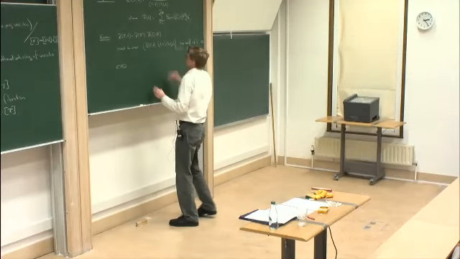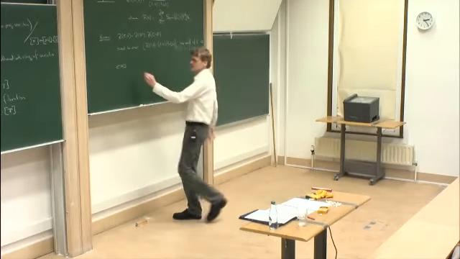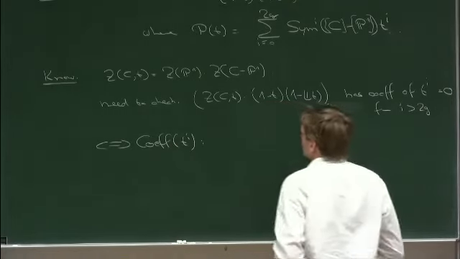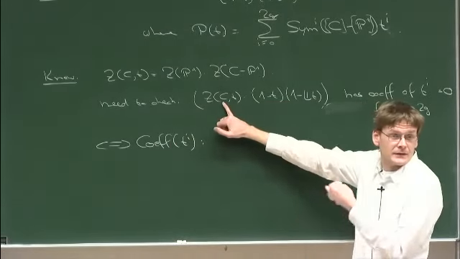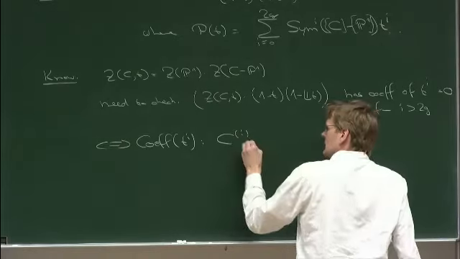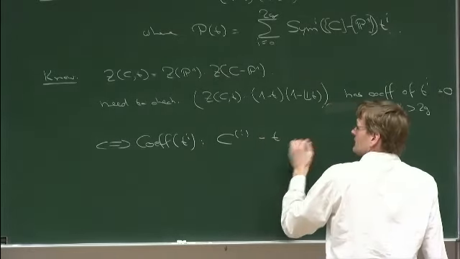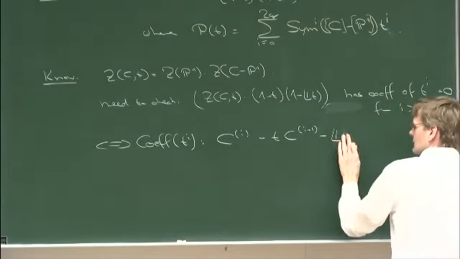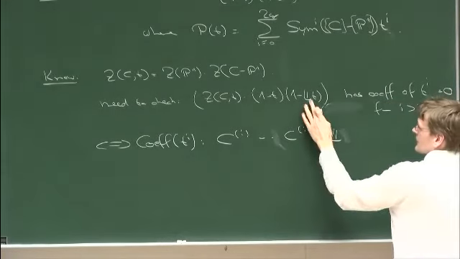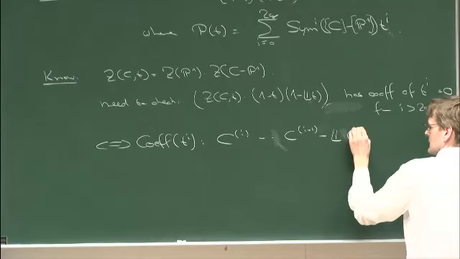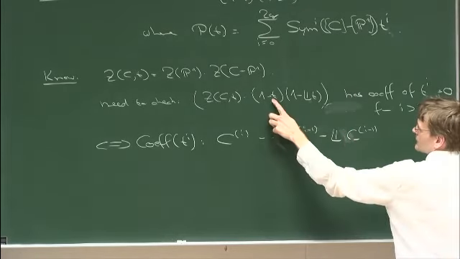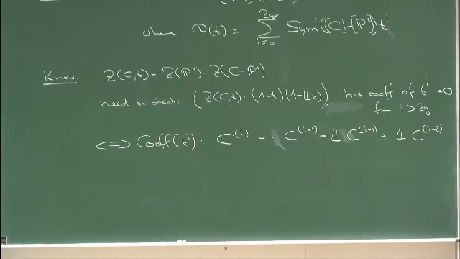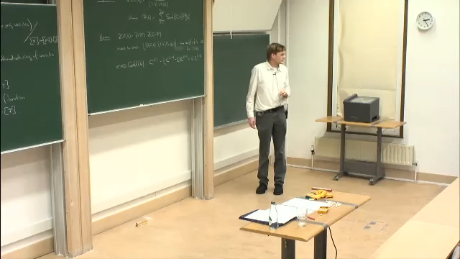So you just write out what this means. Let's compute the ith coefficient. Well, here there's just the sum of the symmetric products. So I just write it down, and you tell me if you complain or if you don't agree. Now the t is away. So I have minus L times c to the i minus 1, and then from t squared I get a plus L times c to the i minus 2. Yes? That's the coefficient.